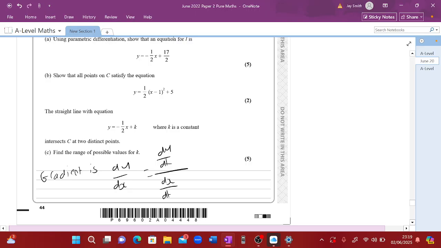And you can think about it because the dt's will cancel out, right? So it simplifies to dy/dx. So that's the way of thinking about it. Parametrics actually make a lot of sense, really, once you realise you can do stuff like that. But yeah, so what we've got left then is just to work out dy/dt and dx/dt.